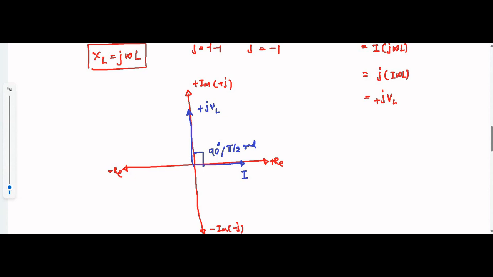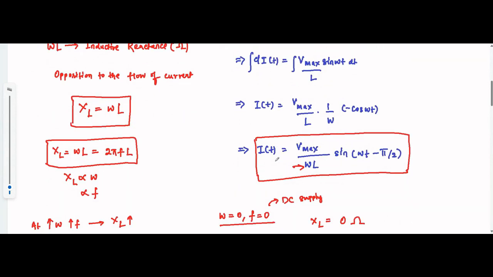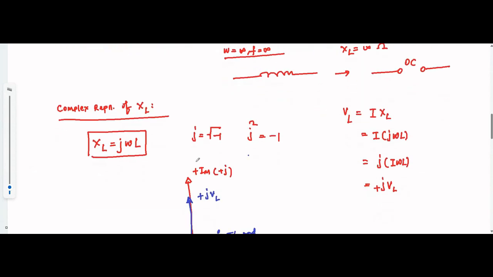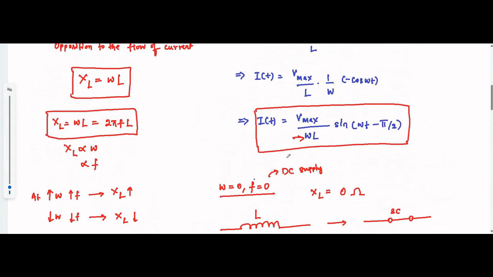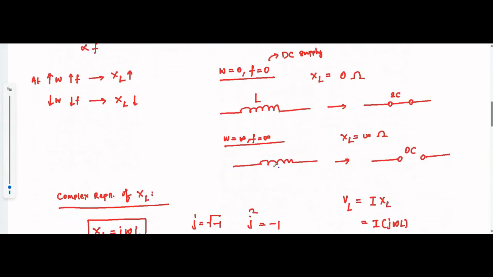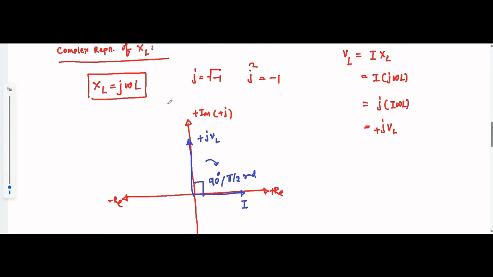So from this you can determine that for a purely inductive circuit, the voltage drop across the inductor leads the circuit current by pi by 2 radian or 90 degree, or the current lags behind the voltage drop across the inductor by pi by 2 radian or 90 degree. Voltage leads or current lags by 90 degree. All of it is because of this complex representation of inductive reactance.